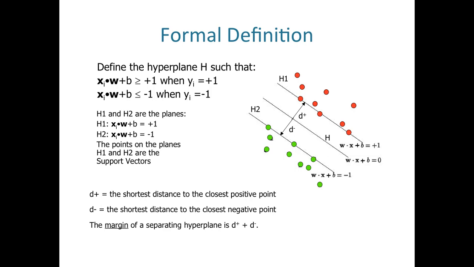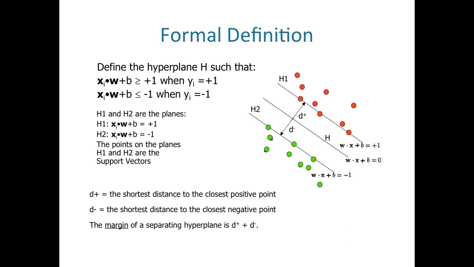H1 can be defined as x multiplied by w, where x is the different x values and w is the distribution of weights, plus b equals plus 1, for the plane that represents the red dots.